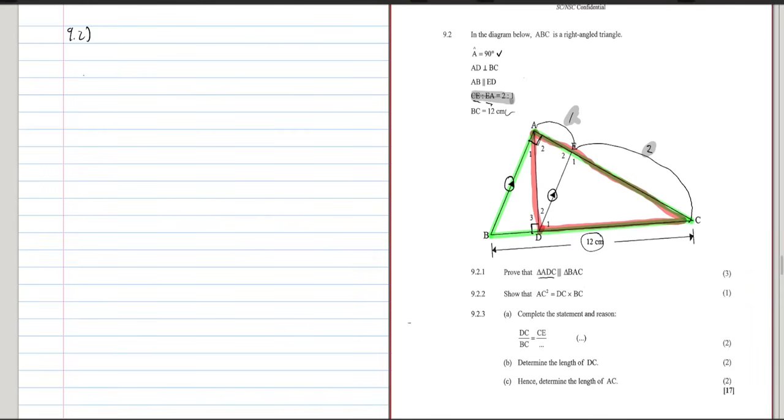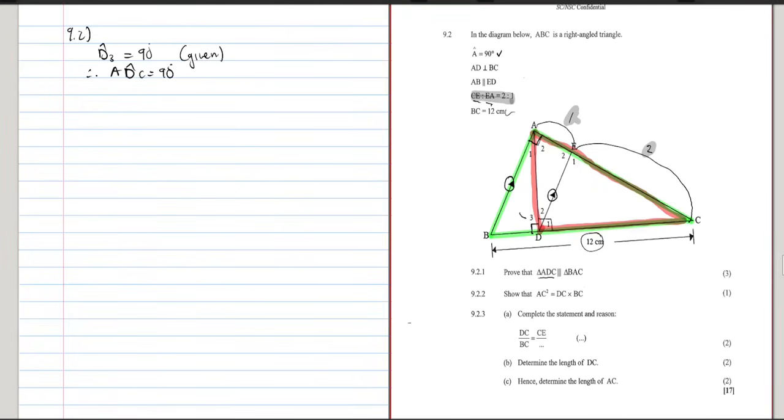ADC. First of all, let me start off by saying D3 is equal to 90 degrees. This is given, right? Therefore, this would automatically mean that angle ADC is also equal to 90 degrees.